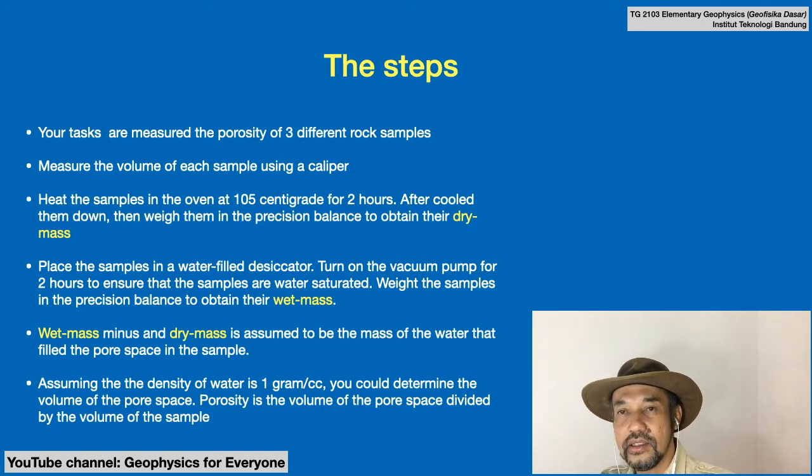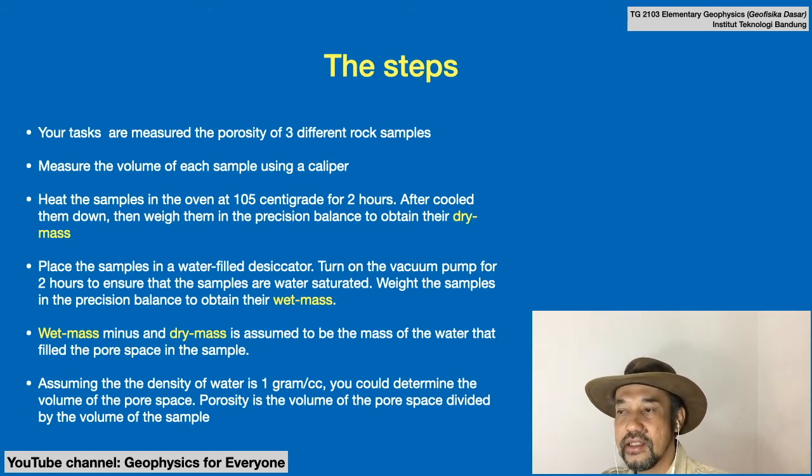Then the students turn on the vacuum pump for about 2 hours to ensure that the samples are water saturated. They weigh the samples in the precision balance, and then they get what's called the wet mass of the samples. The discrepancy between wet mass and dry mass is assumed to be the mass of water that fills the pore space in the sample.